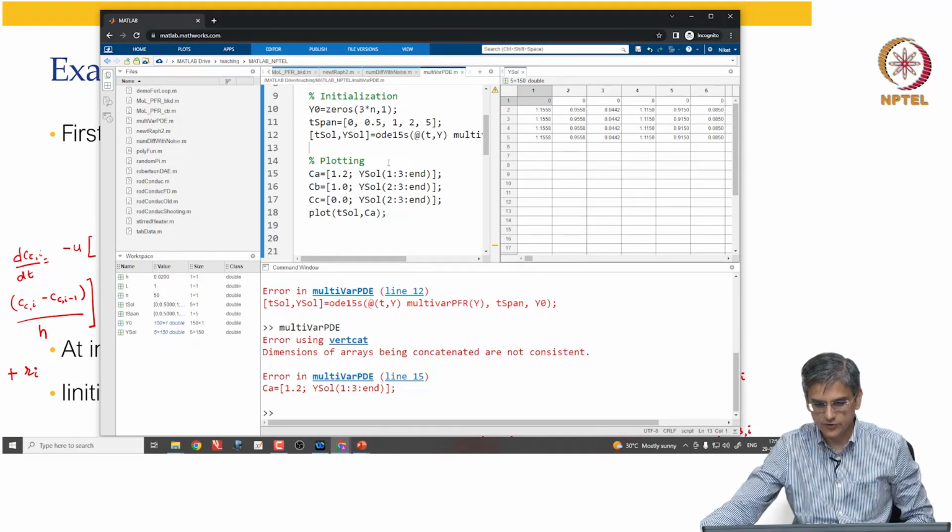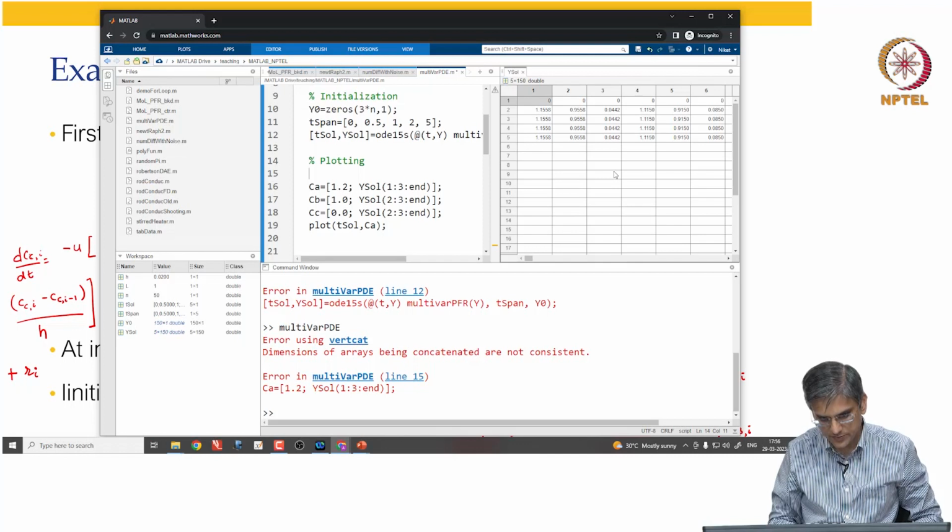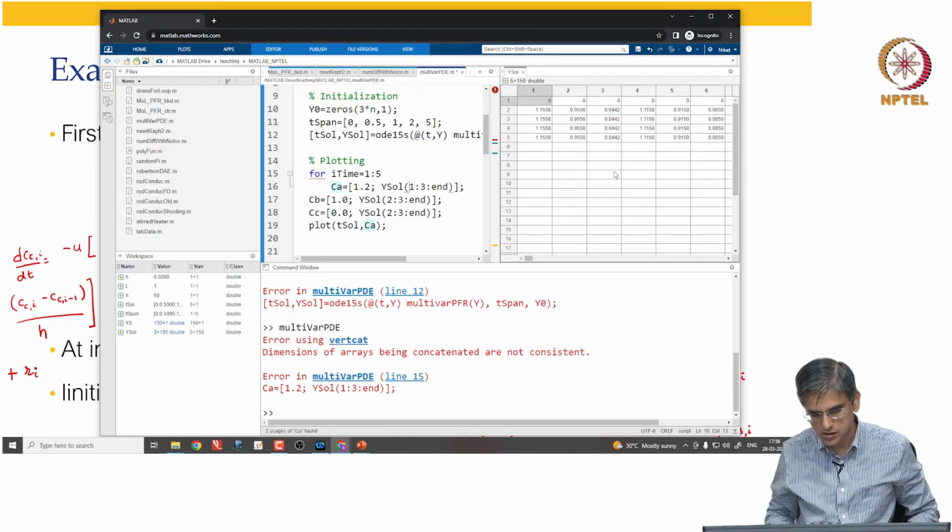So we will have to do at various times for I time equal to 1 to 5, CA is y sol I time.